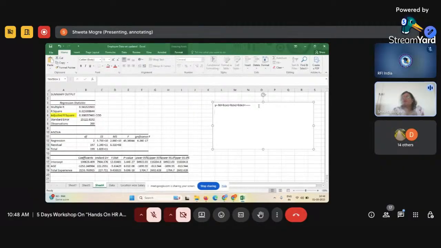If we have 3 variables, then b1x1, b2x2, b3x3. Right now, I have only 2 variables, so my regression equation is only b0 plus b1x1 plus b2x2. Is it clear? In my case, y is salary. Now, what is the value of b0 or beta naught? What is the value?